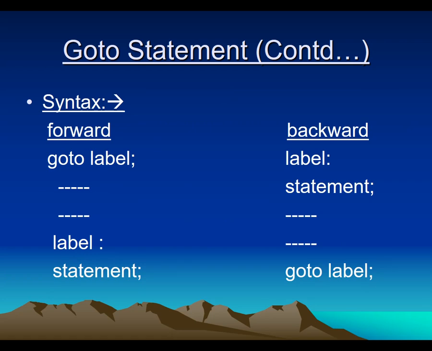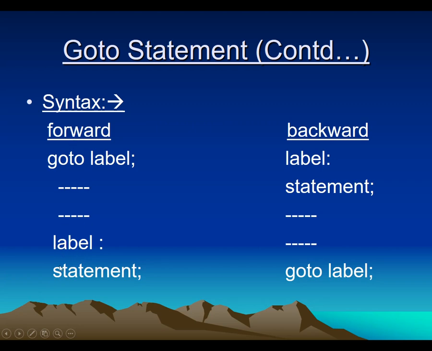One is forward, which is mentioned on the left hand side, and another is backward. Now what is forward? The syntax written below is go to label, then label colon statement. That means from here the entire control structure, bypassing the statements below this, will go into this particular label.